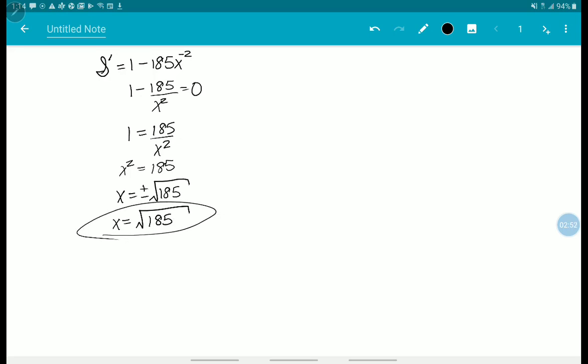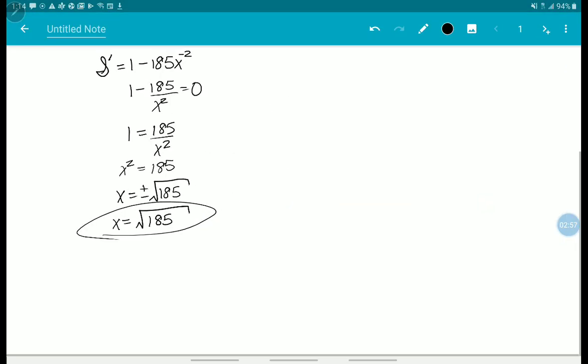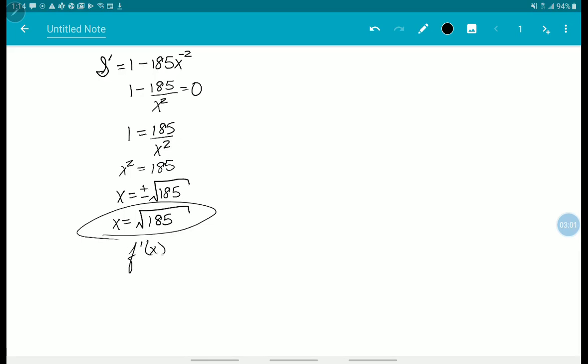Usually you want to confirm that this is going to be a minimum, and we can use a sign chart to help us do that. If we look at the first derivative and create our sign chart with the square root of 185 on there, let's plug in something to the left of the square root of 185 like 0. Well, 0 is probably not a good number since we're dividing by x squared. Let's substitute in a 1.